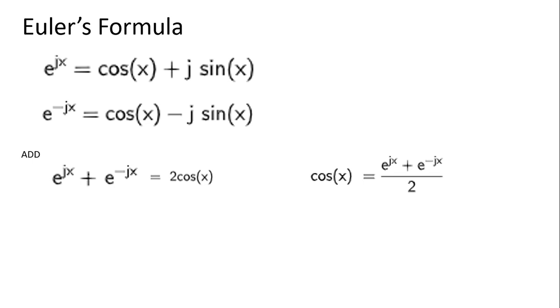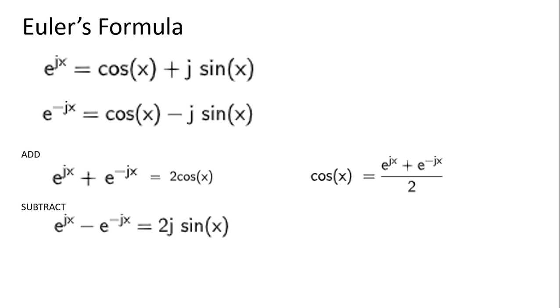Okay, let's go back and see if we can get the sine. What I'm going to do with the sine is make the cosine terms fall away. So e to the jx minus e to the minus jx equals, the cosine terms subtract out, and I get 2j times sine x.